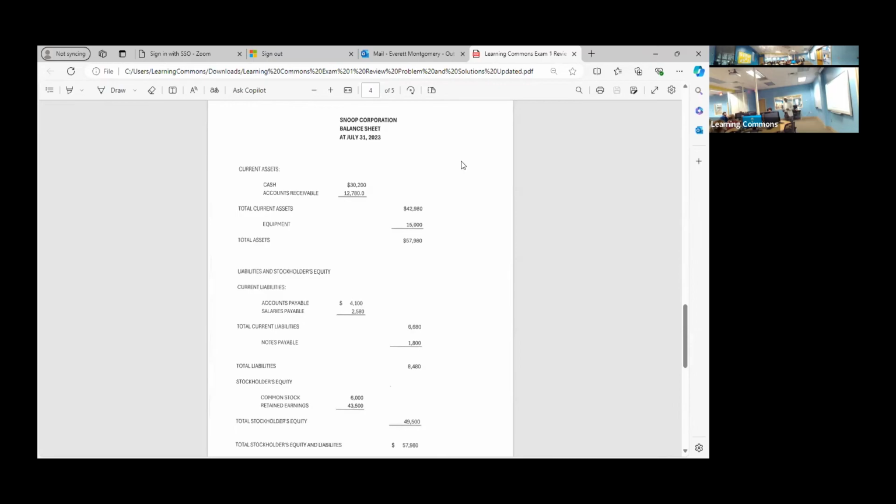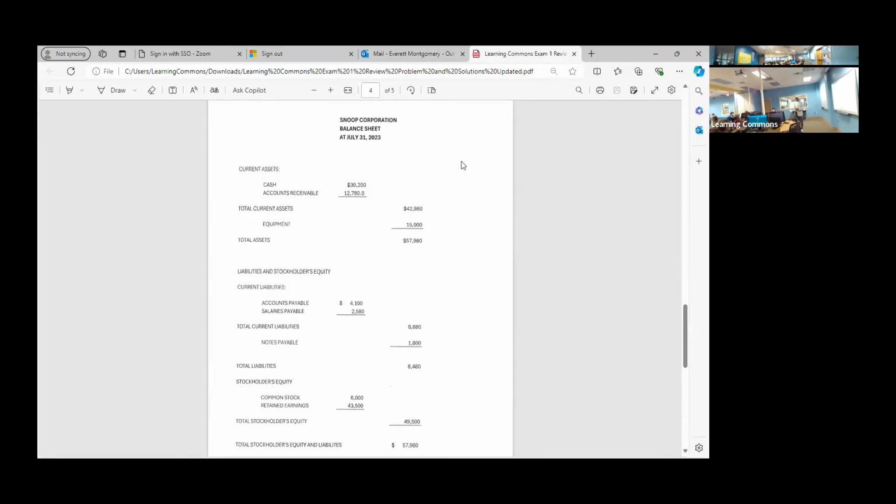Yes. Supplies usually come up under accounts receivable, but it's not really going to matter. Prepaid is an asset. If you have prepaid insurance or prepaid rent, it will be an asset.